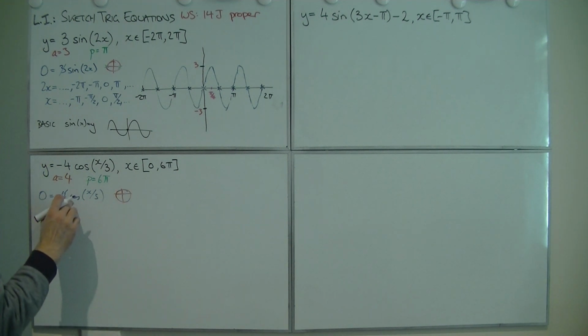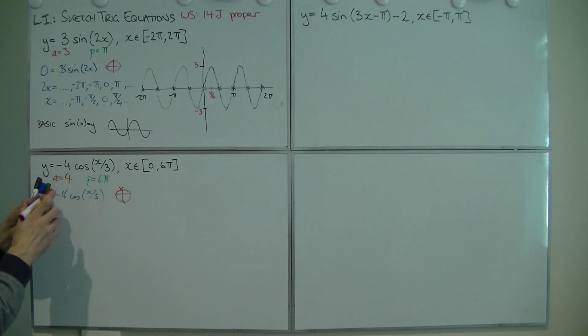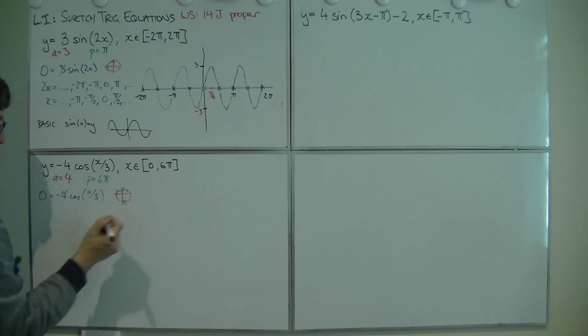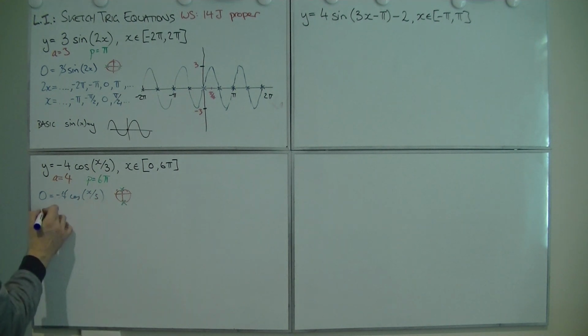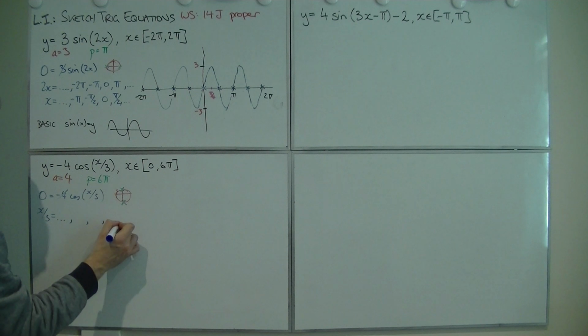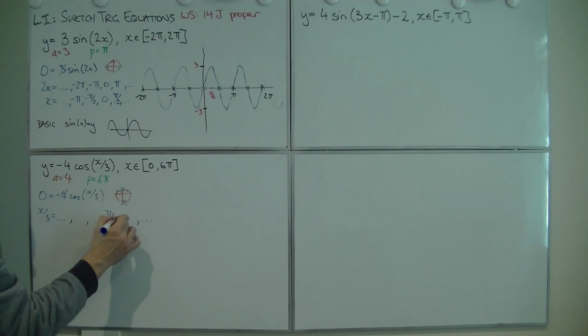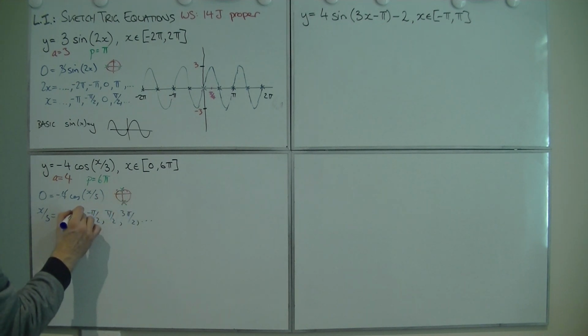Unit circle. When is cos 0? That would be up here and down here. It would be up here and down here. That's where cos is 0. So our inside, x on 3, equals pi on 2, 3 pi on 2, going backwards, negative pi on 2, negative 3 pi on 2.